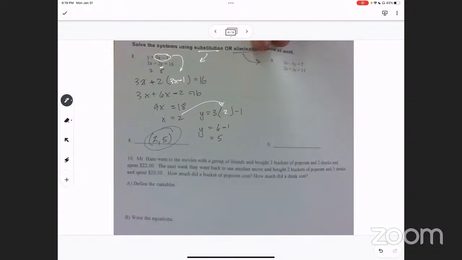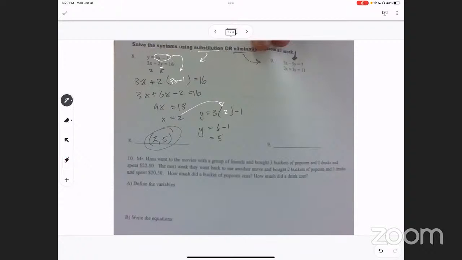But to eliminate the y, I'm going to eliminate the y. The reason I'm eliminating the y and not the x, do you know why? Well, it doesn't really matter, but see how I already have a negative and a positive here? It's just going to make it easier for me. I don't have to mess with multiplying it by a negative.